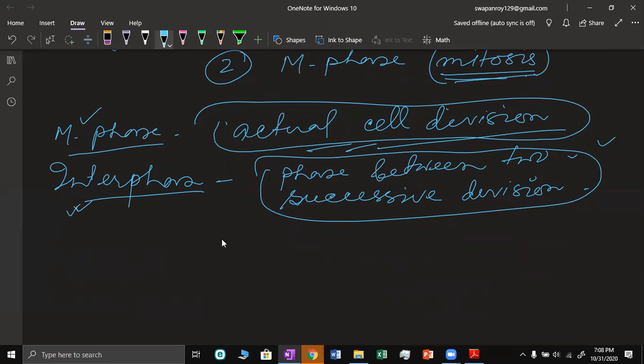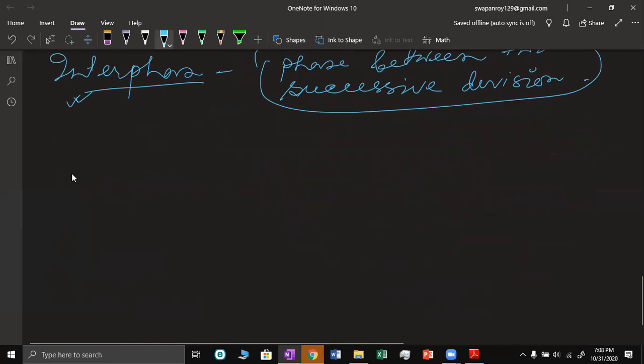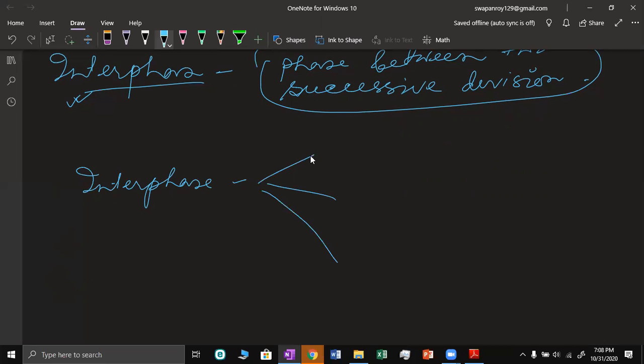For the convenience of describing the process, they have been given different names. Interphase has been divided into three subphases. One is called G1, then next is S, and then G2.